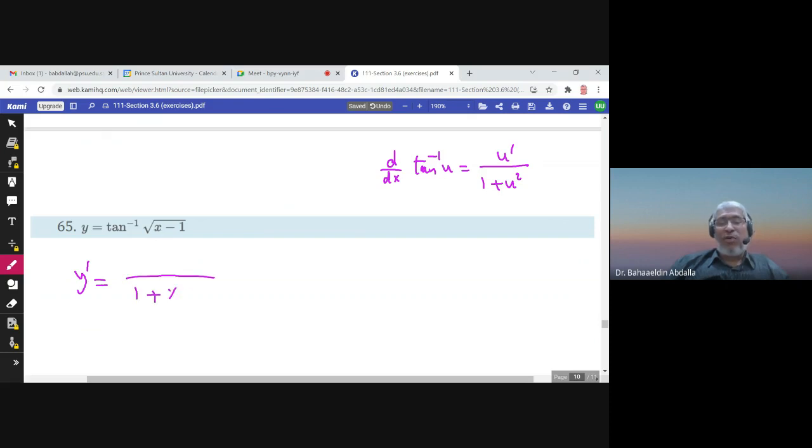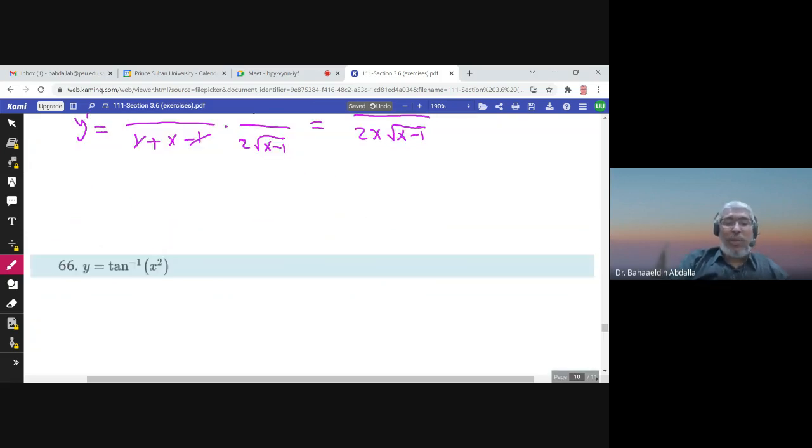When you raise it to the power 2, it will disappear. And u prime is the derivative of the square root. So it is 1 over 2 times the square root of x minus 1. Well, here 1 minus 1 cancels, and I have 1 over x times this. So the answer would be like this. This is the derivative.